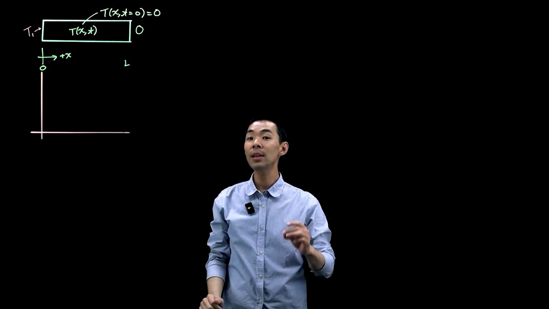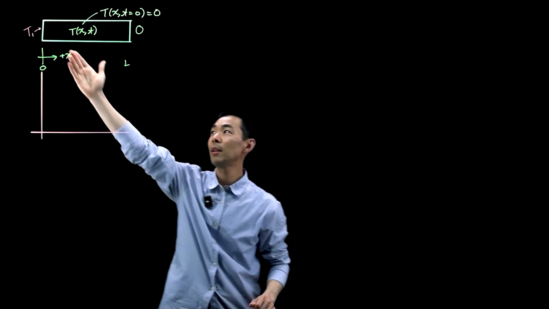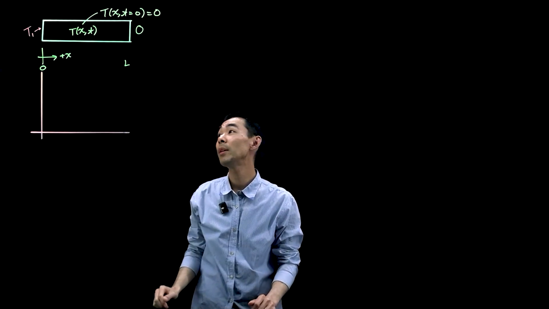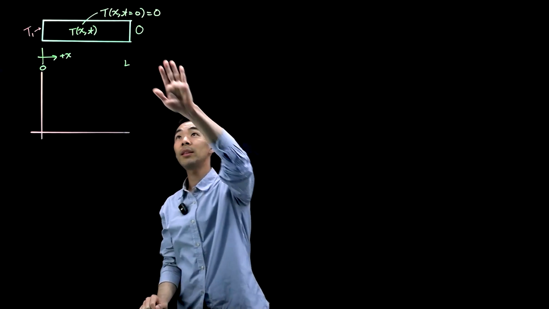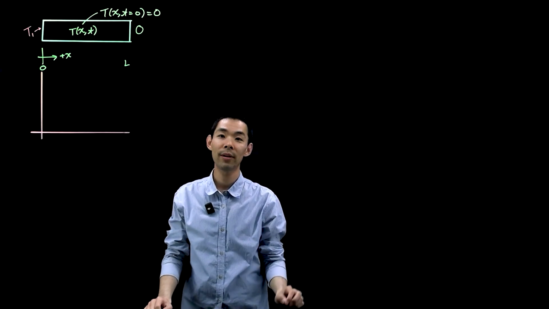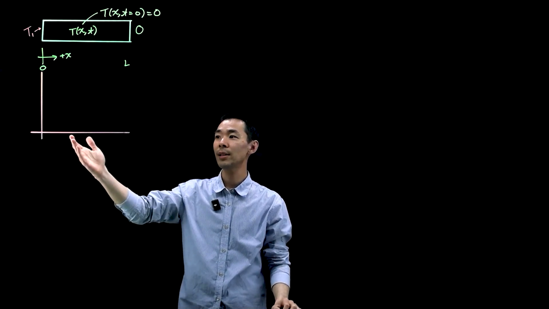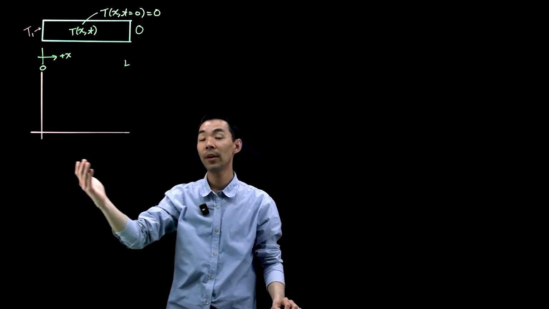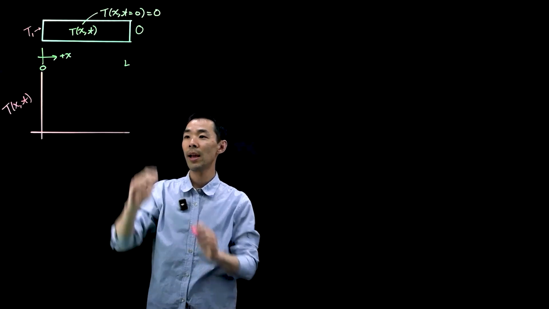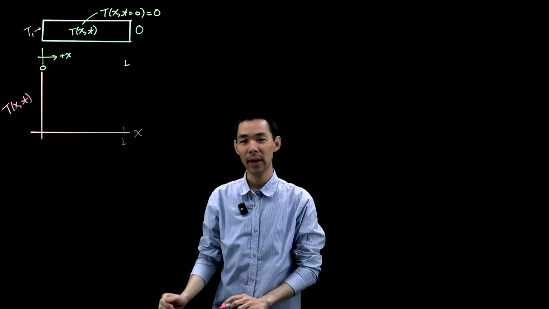And at time t equal to 0 plus, instantaneously, the left-hand reservoir is contacted with a warm temperature T1, and the right-hand boundary is contacting still ice-cold bath water at 0 temperature. Now, if I were to ask you to plot the temperature profile between 0 and L as a function of x, what would it look like?